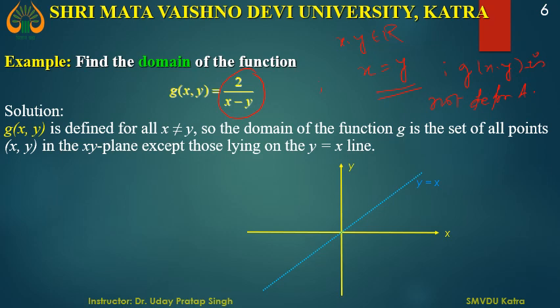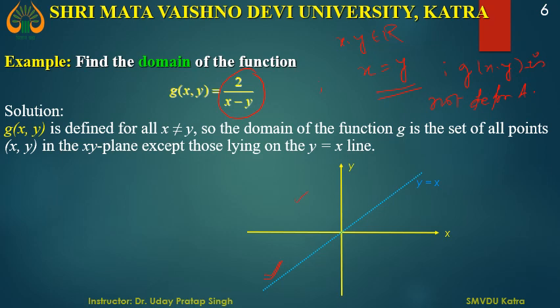Then what is the domain of the function? The domain of the function is the whole xy plane except x equal to y. What is x equal to y? This is a straight line, x equal to y.